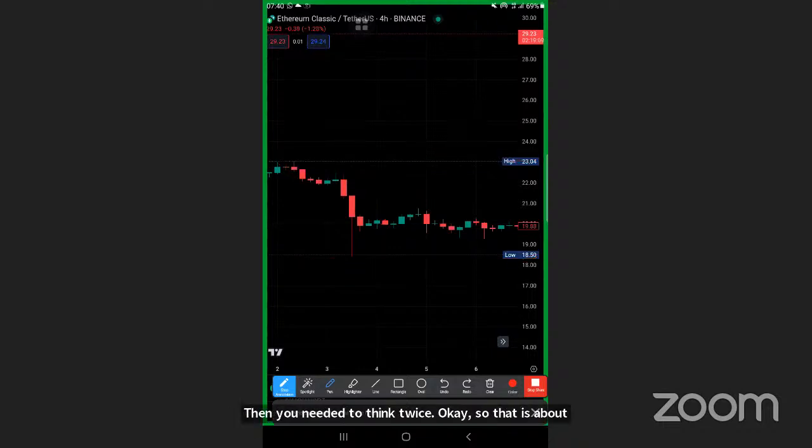Yes, there are some dojis that are not relevant because they are just formed anywhere. But we are looking at dojis that are formed when you are approaching areas of support or resistance. That's what we are looking at. Because once that happens, that doji becomes a reversal signal, either to the upside or to the downside. Is that clear?